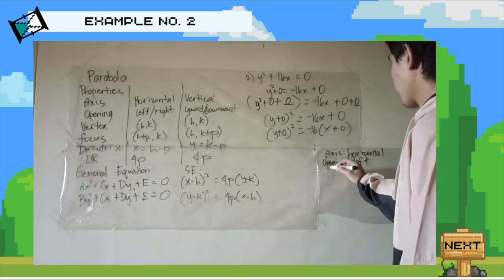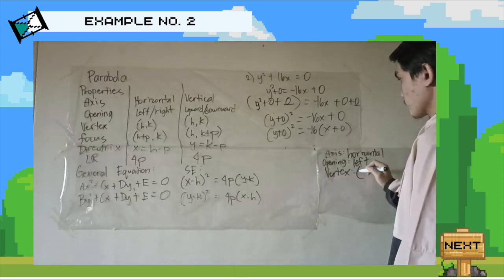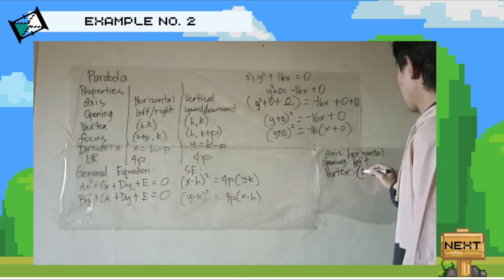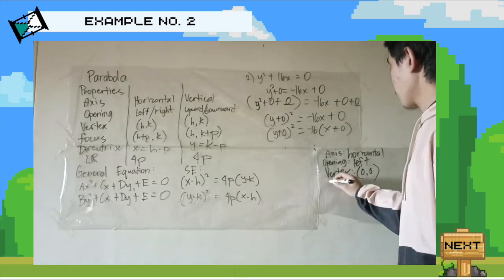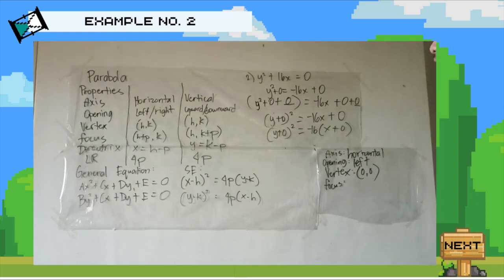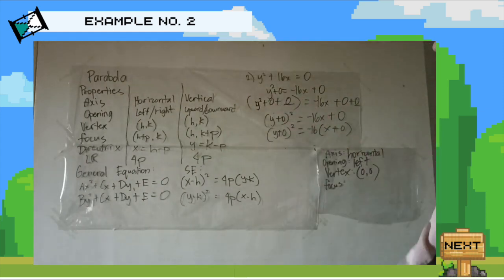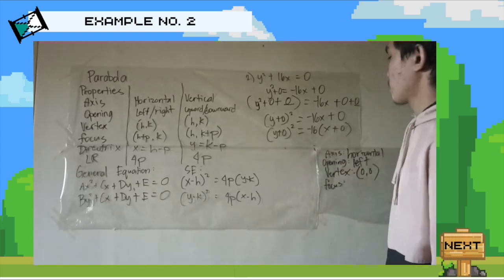Next property is vertex. So the vertex of this is 0 and 0. Next, focus. So the focus of horizontal is h plus p comma k. So what is the p here? Okay.